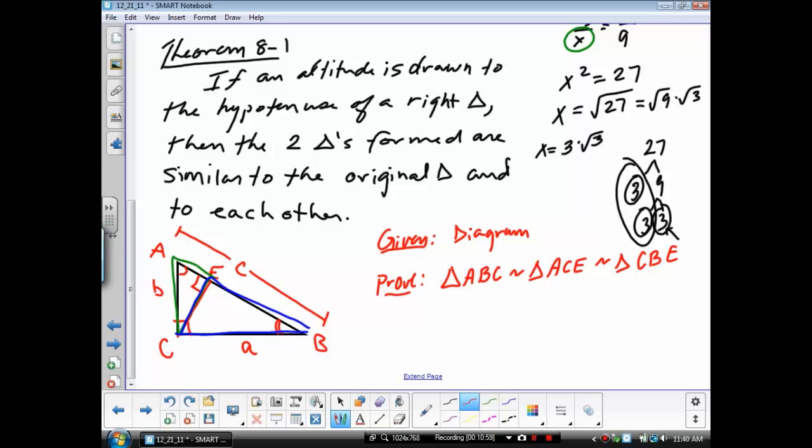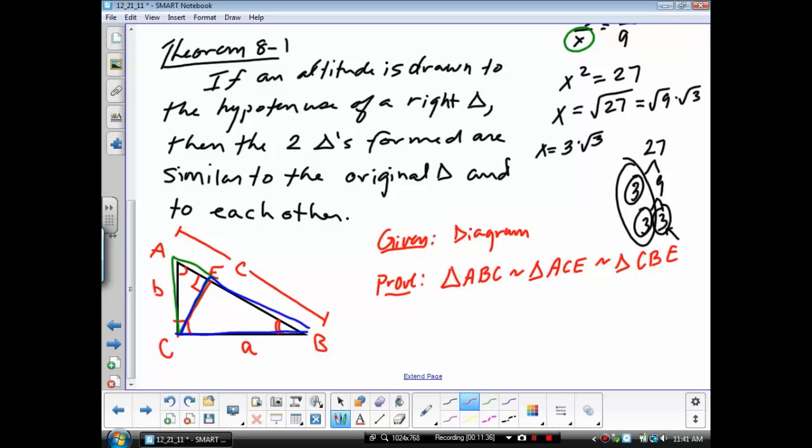Now, first off, these two triangles are similar to the original triangle by angle. How? Well, triangle ACE has angle A, and so does the original triangle. So by reflexive property, angle A is congruent to itself, and they both have a right angle. Secondly, triangle CBE has angle B, as does the original right triangle, and they both have a right angle.